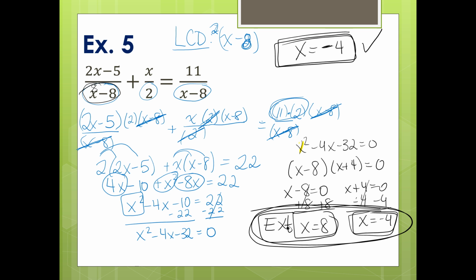Oh no, I mixed those up. Don't read that down there. So x equals negative 4, and the 8 was extraneous.